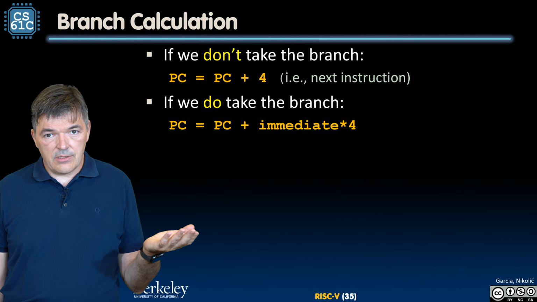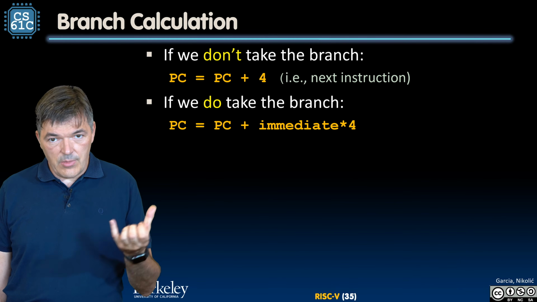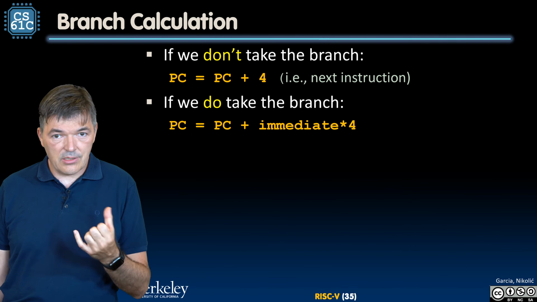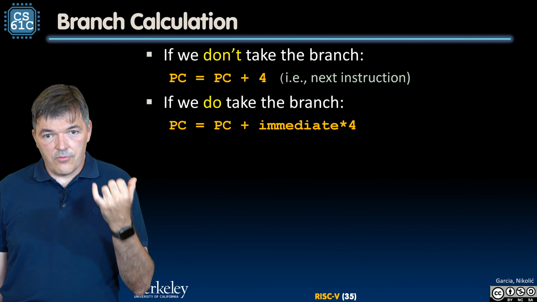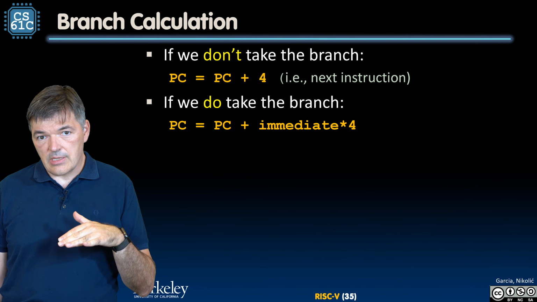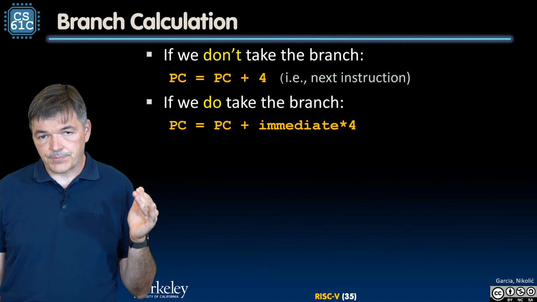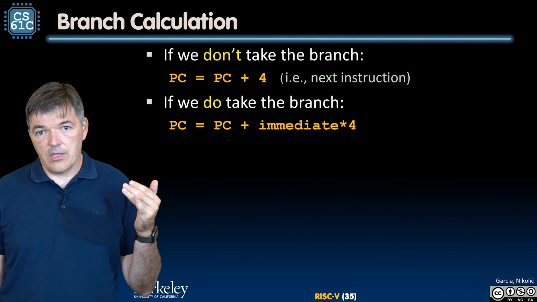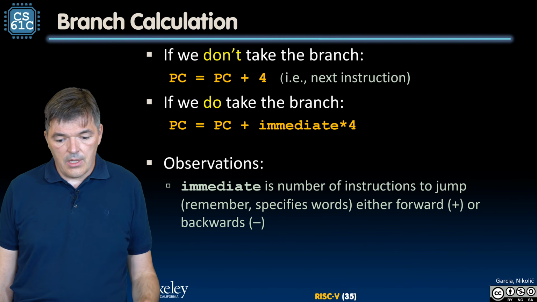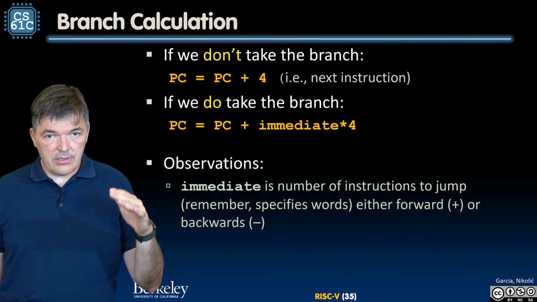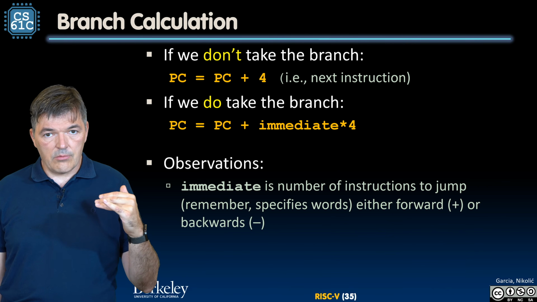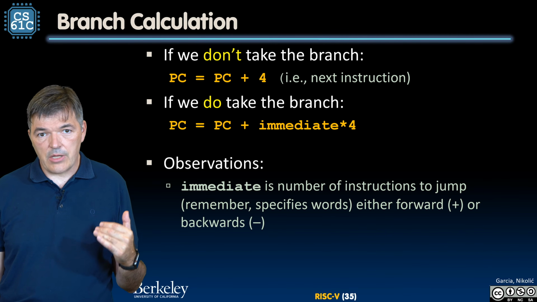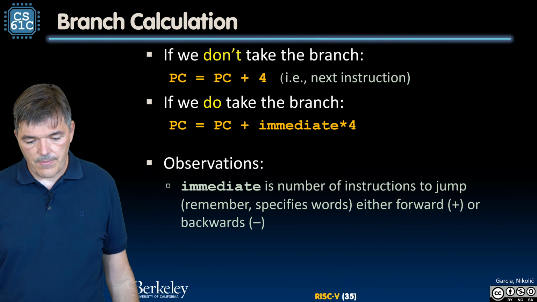And that offset is going to be the immediate value, our 12-bit wide immediate, times 4, because in this scenario we would be calculating that offset in the unit of words. And keep in mind that this immediate value can be positive or negative, making the branch go forwards or backwards.